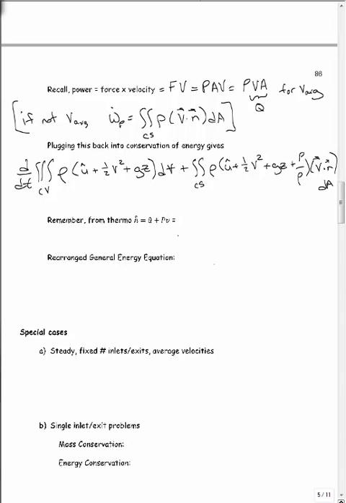So in thermo, what we did was we took this u and this p over rho. Well, rho is actually 1 over little v, where little v is your specific volume. We're going back to thermo. So that's u plus p over rho.